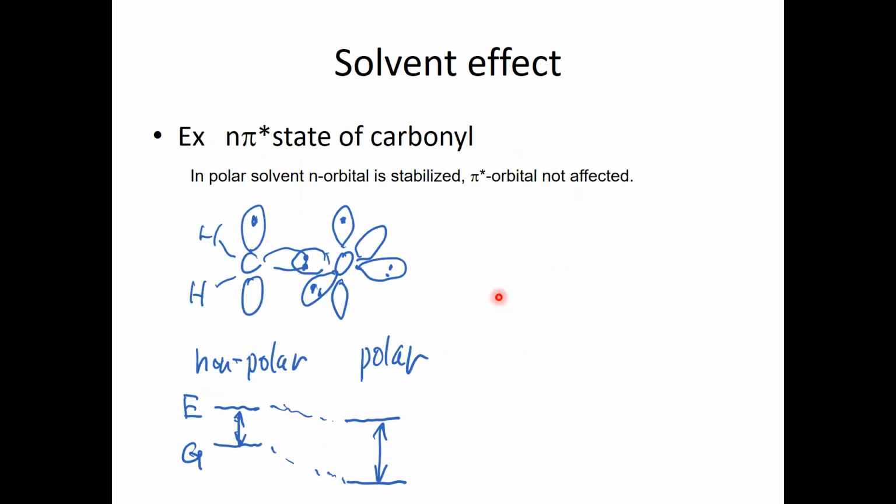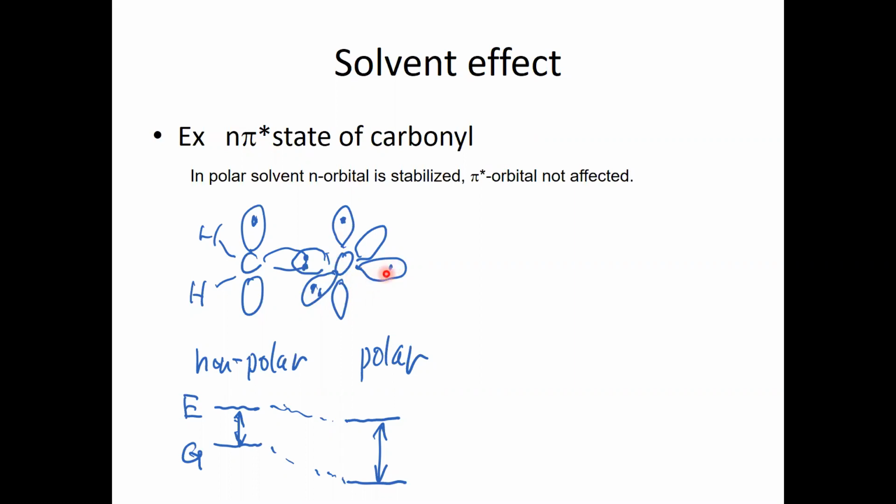Right. So it's already kind of mentioned, but in the case of n-pi star state of carbonyl, in the ground state, electrons are more, because two of the electrons are occupied in the non-bonding orbital, so electrons are quite biased toward the oxygen side.